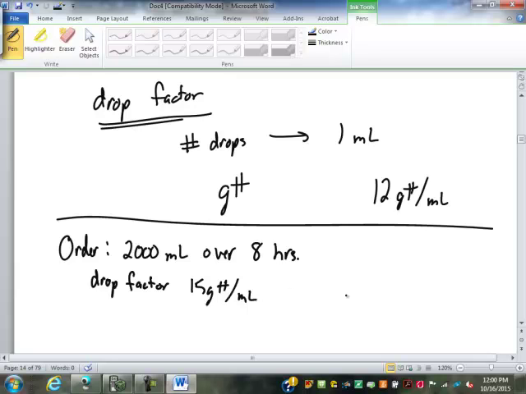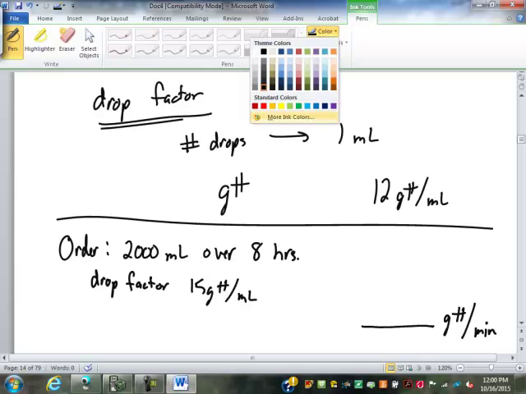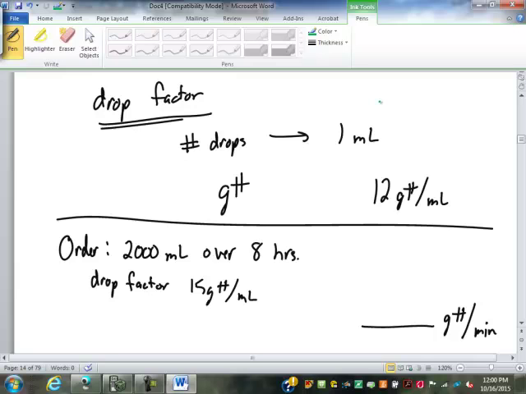So it's a little bit thinner than water. Find my flow rate in drops per minute. If you're manually setting an IV, it's generally done in drops per minute. If you're using an infuser, it's generally done in milliliters per minute.